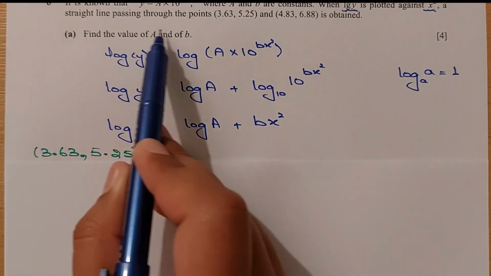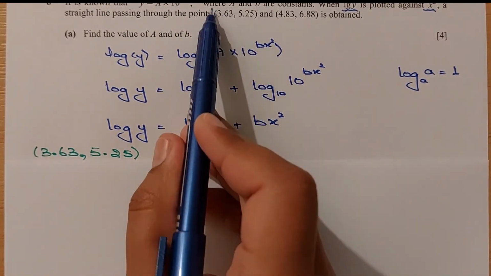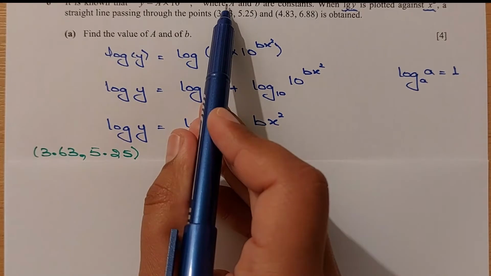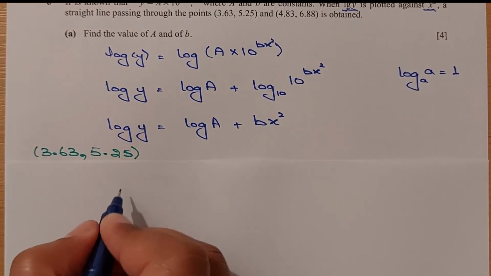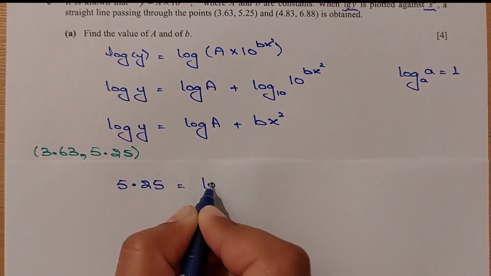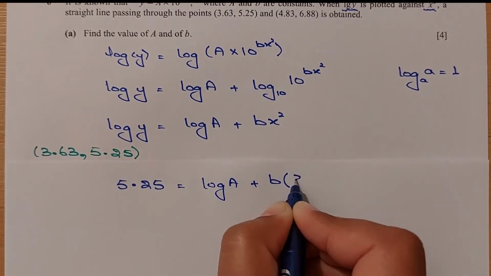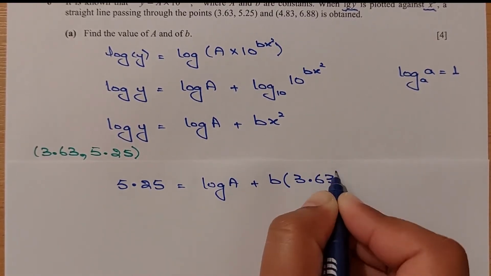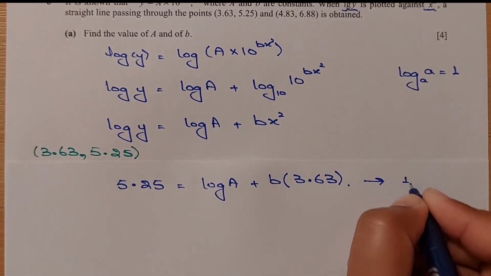So log y, 5.25, equals log a plus b times x squared, 3.63. And this is my first equation.